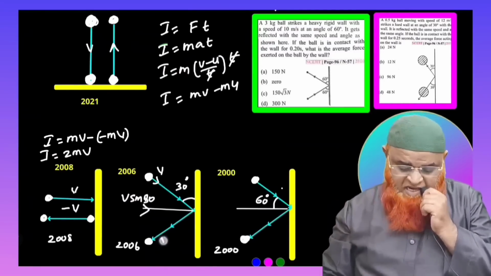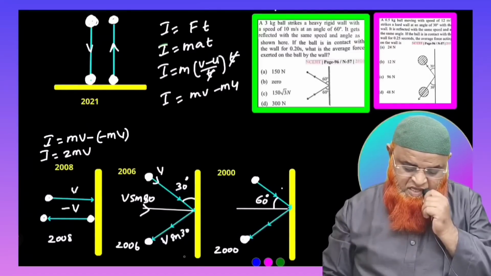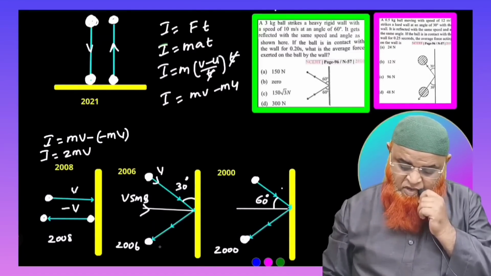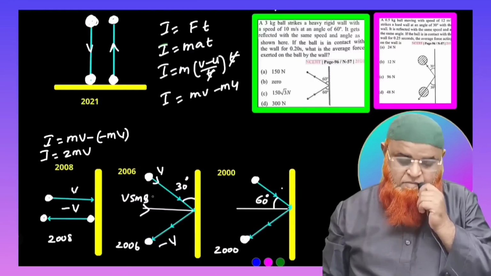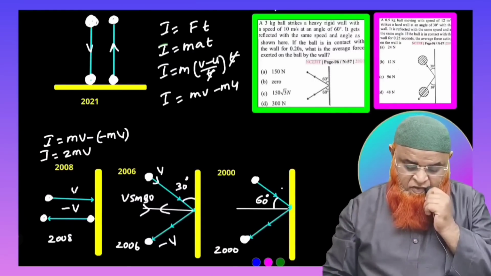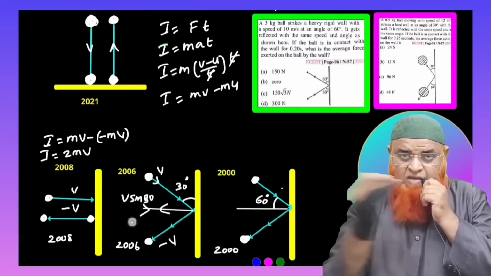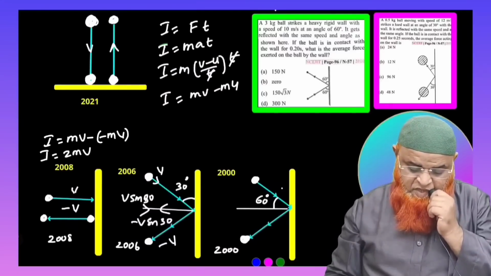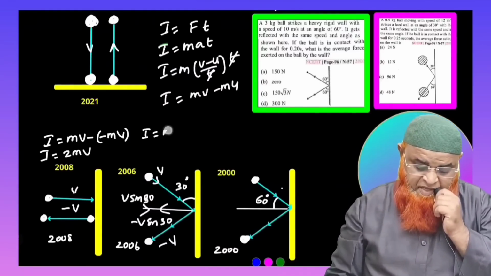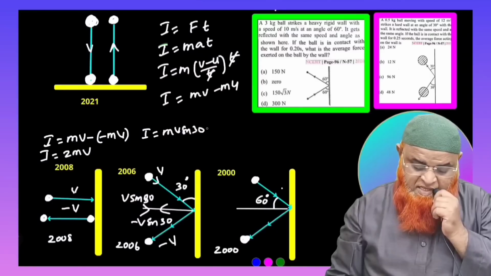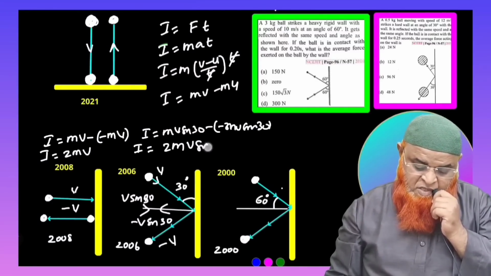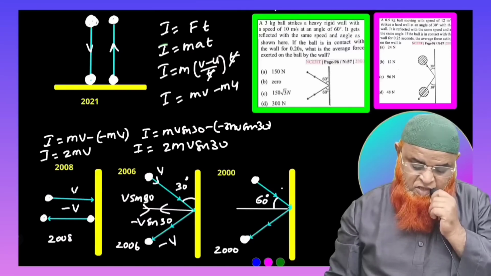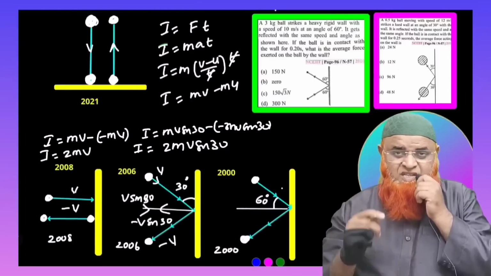It strikes the wall and comes back in the opposite direction with the component minus v sine 30. Therefore, impulse is mv sine 30 minus of minus mv sine 30, which becomes 2mv sine 30. If you apply this formula, you get the problem asked in 2006.